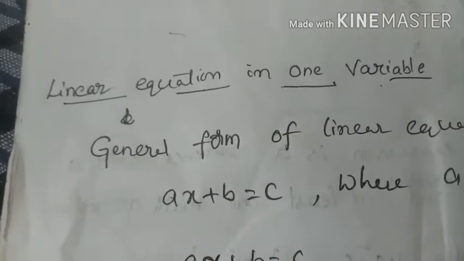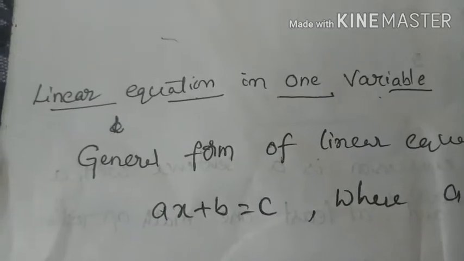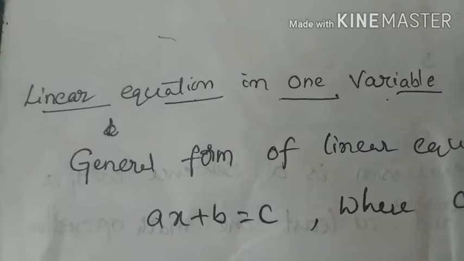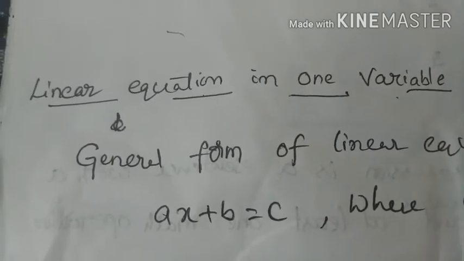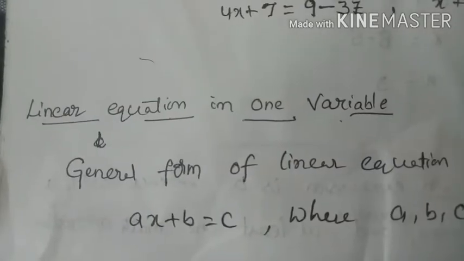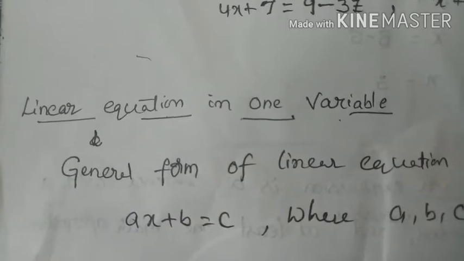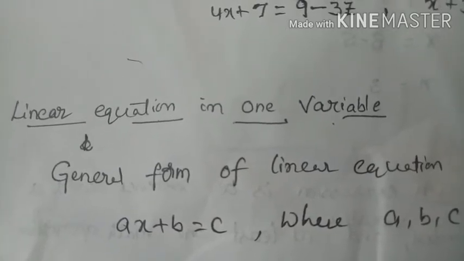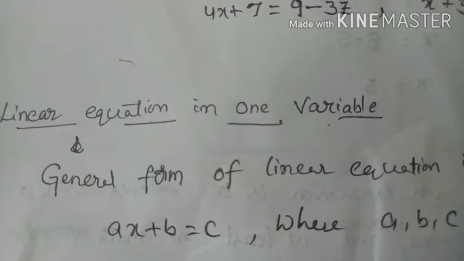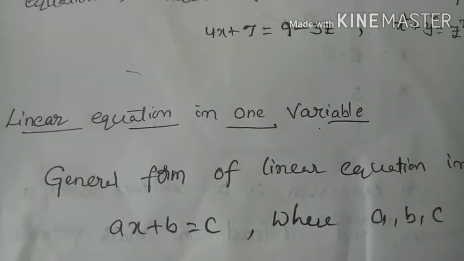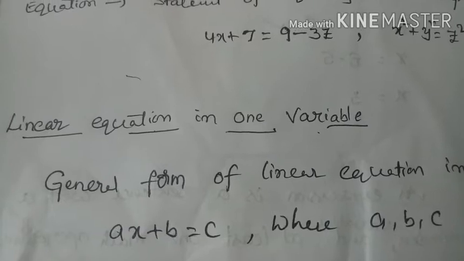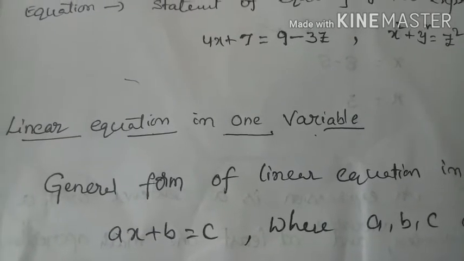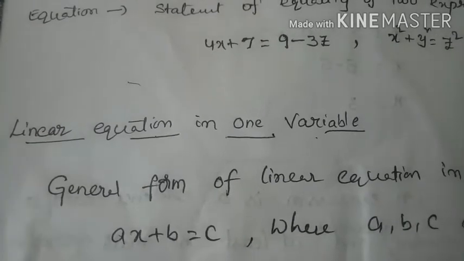Now linear equations in one variable. So we are using one variable equations. What about linear? Linear means the highest power of the variable in the equation is 1. So a linear equation means an equation in which the exponent of the variable is 1. Then it is called a linear equation.